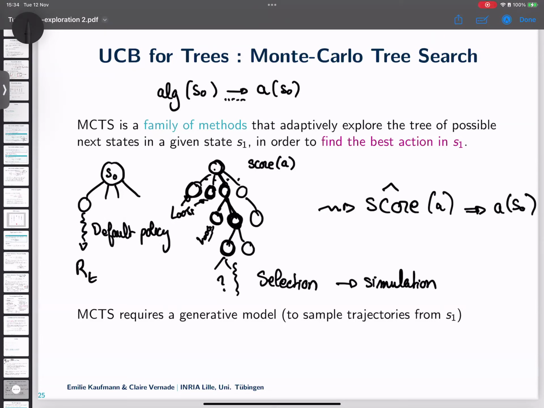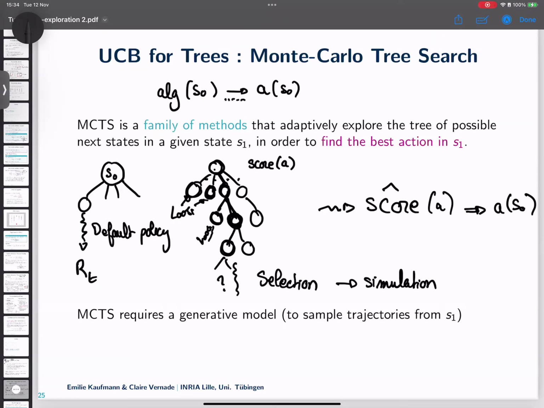So when I choose my nodes, I choose to explore the nodes that have the largest mean plus an exploration bonus that should look very familiar, which is the exploration bonus that you found in UCB, that takes into account the log of the number of visits of the parent, so the current time for this node here, divided by the number of times you actually tried that action.